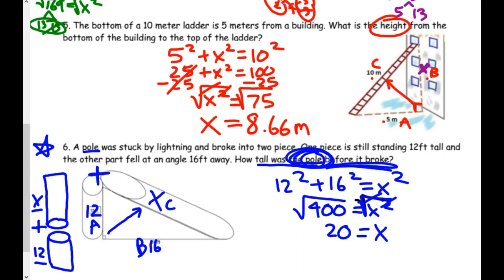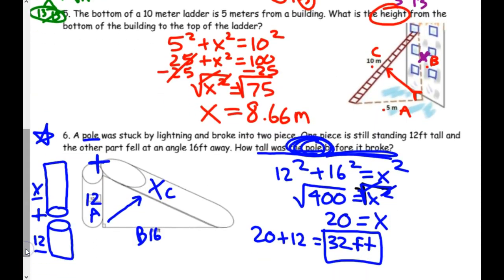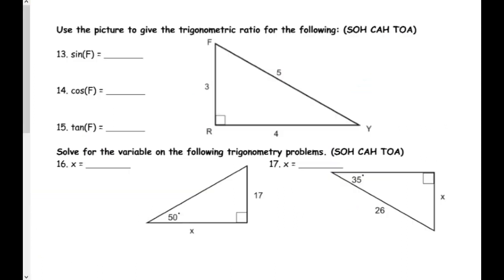So we really get 20 plus 12, which equals 32, and we're talking about feet. Very important. Add the two parts together to get the whole final answer. All right. Next part.